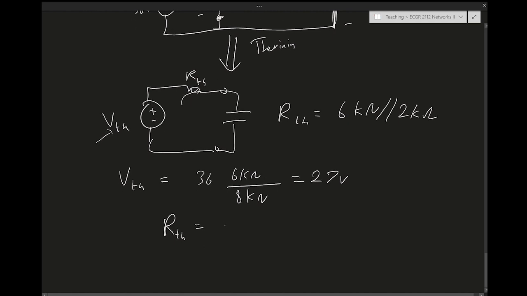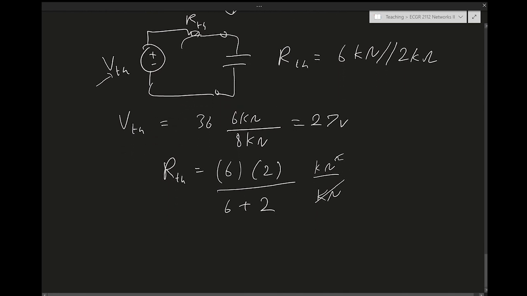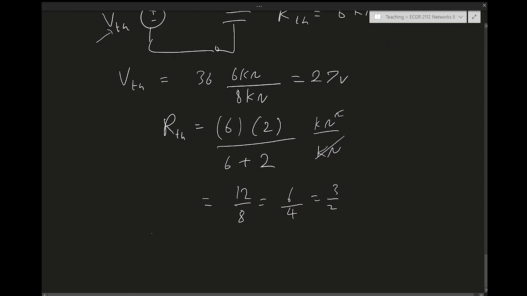We take their product over their sum. So we end up with kilo ohms, and that will be 12 over 8, 6 over 4, 3 over 2. So R Thevenin is equal to 1.5 kilo ohms. Now we have all the ingredients.